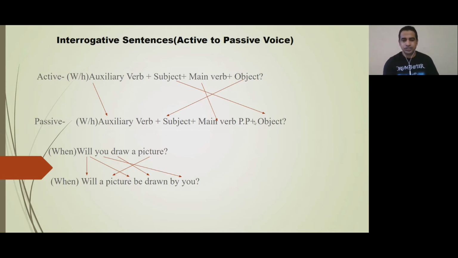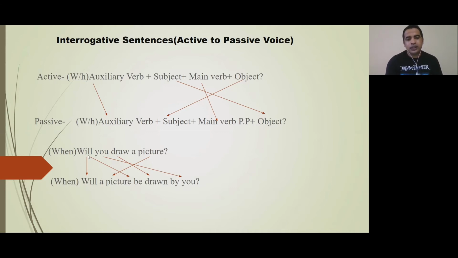I mean a preposition. Well, when will you draw a picture? Suppose, will you draw a picture? Well, it will be, will a picture be drawn by you? And if it is when, then you have to take the place of when here.